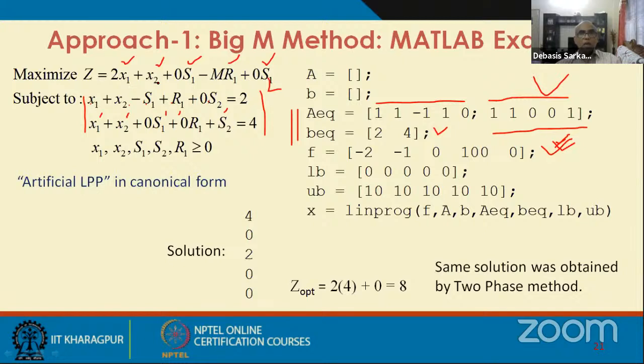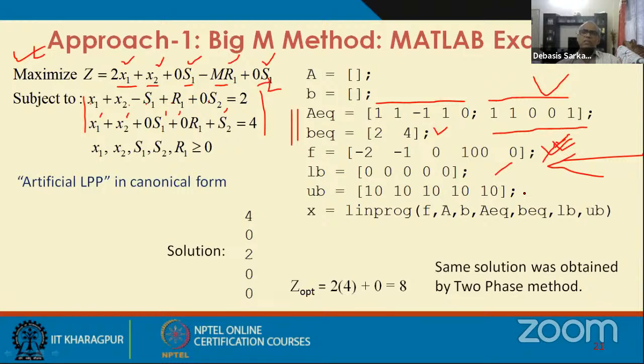So 2, 1, 0, minus M, and then 0. But since we are solving a maximization problem and MATLAB solves minimization problems, I take minus 2, minus 1, 0, 100, and 0.